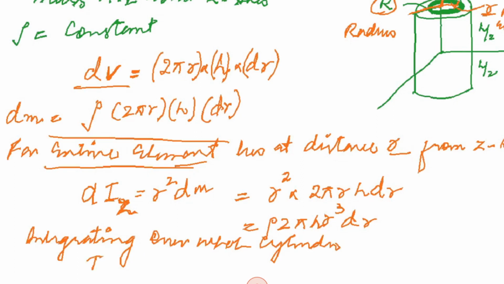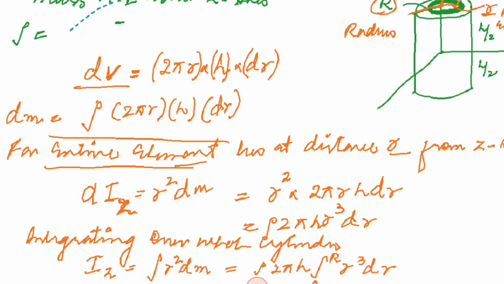Therefore, Iz will become the integration of r square dm. Rho, 2, and h are constants and will come out, so that means the integral from 0 to capital R of r cube dr.